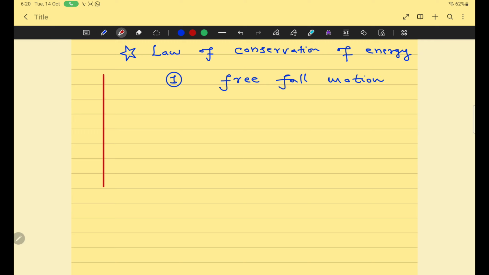And in free fall motion, if an object is falling down, then obviously it is losing gravitational potential energy and it is gaining kinetic energy. In free fall motion, potential energy change equals kinetic energy change.